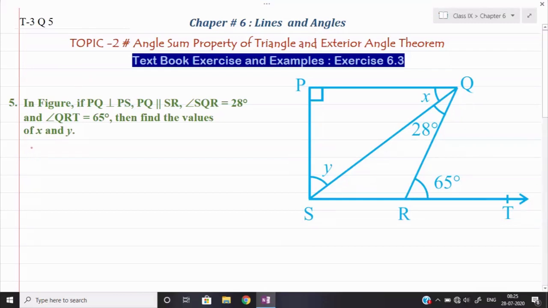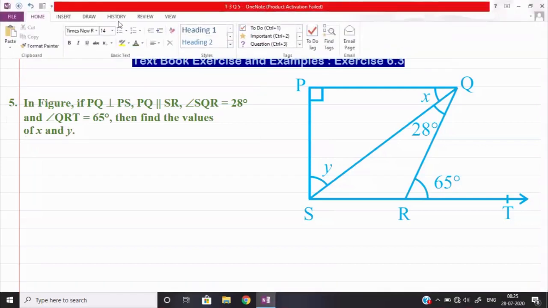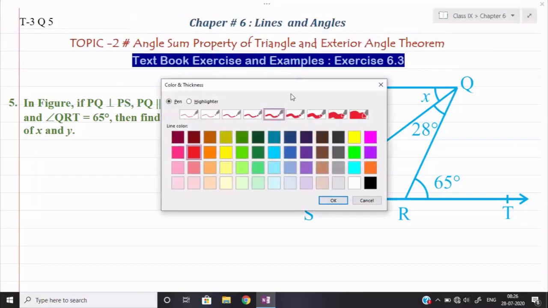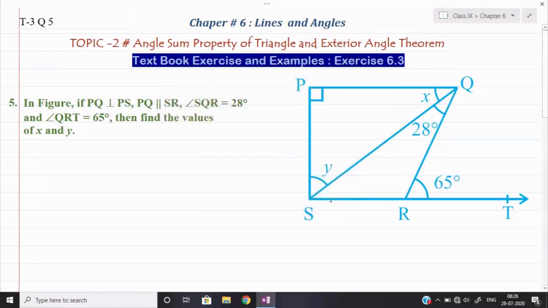So first of all, in the given, we have PQ is perpendicular to PS.